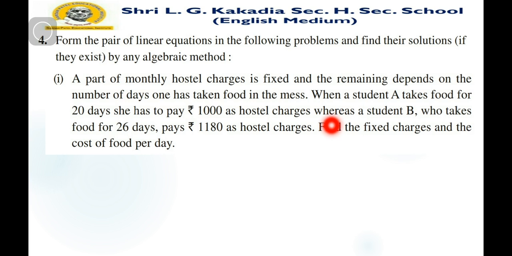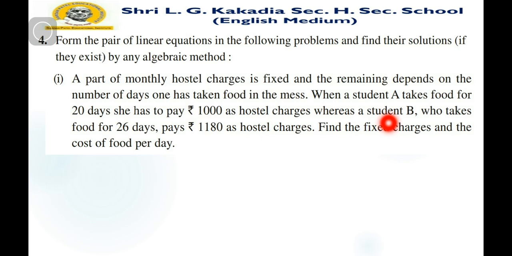Now when a student A takes food for 20 days, she has to pay rupees 1000 as hostel charges, which means one day is fixed charge and 19 days are per day charges, so x plus 19y is equal to 1000.